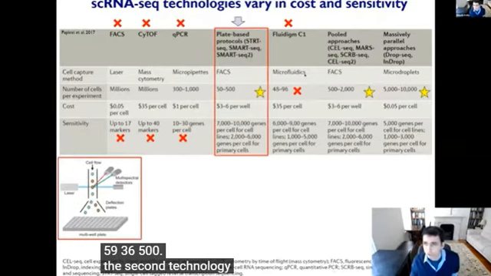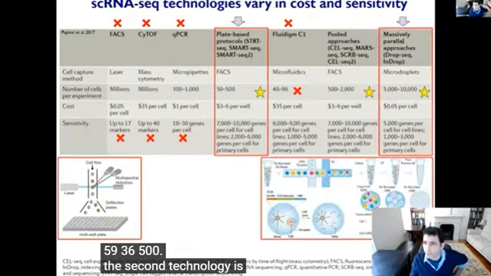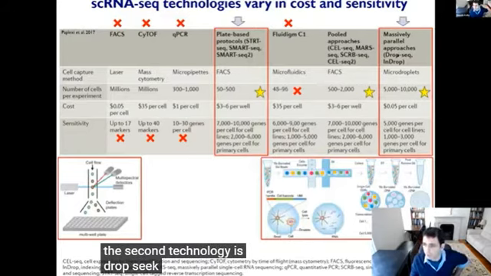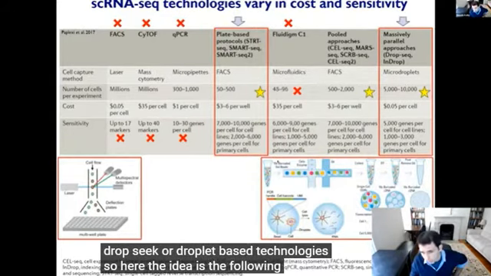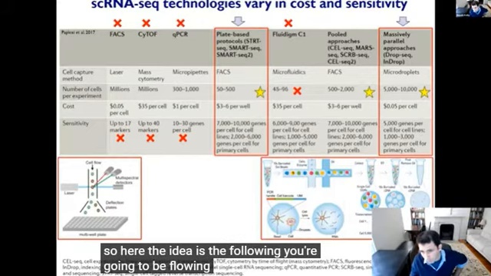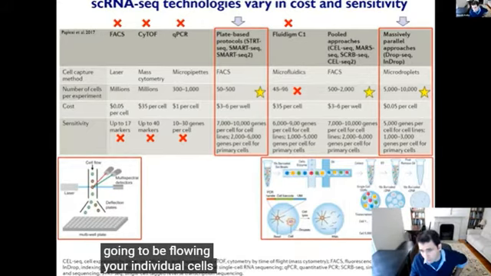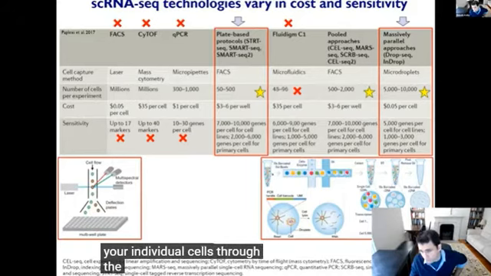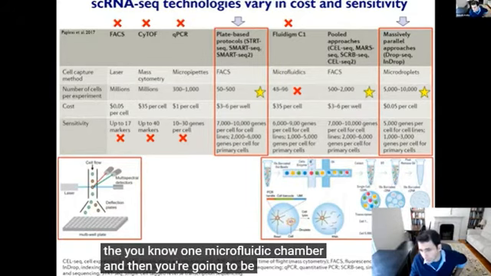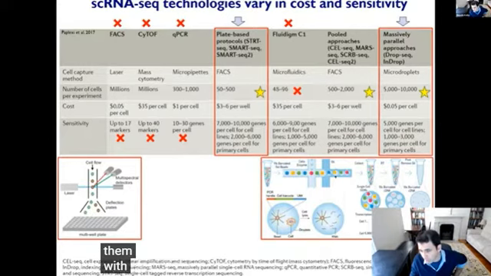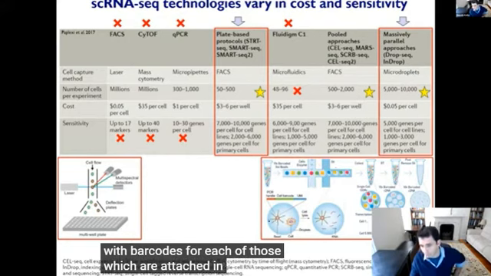The second technology is DropSeq, or droplet-based technologies. So here, the idea is the following. You're going to be flowing your individual cells through a microfluidic chamber, and then you're going to be attaching them with barcodes, which are attached to beads.